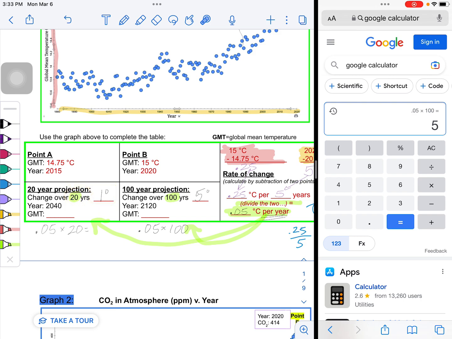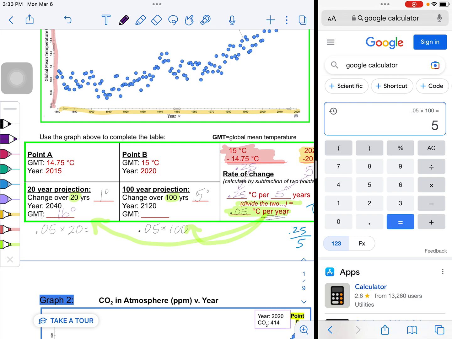So in 20 years from now, right, this is our now, it's going to go up 1 degree. Well, that means in the year 2040, I'm thinking about my current temperature, 15, plus the amount it's going to increase, 1, giving me a total of 16 degrees for our global mean temperature in the year 2040.